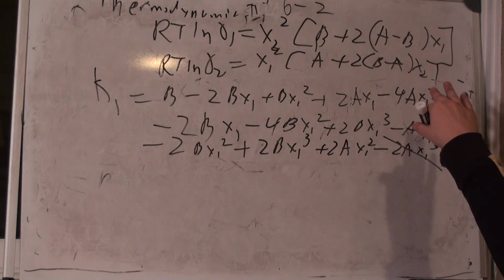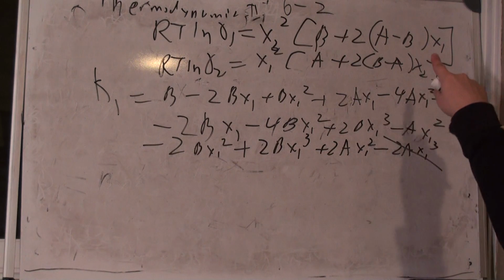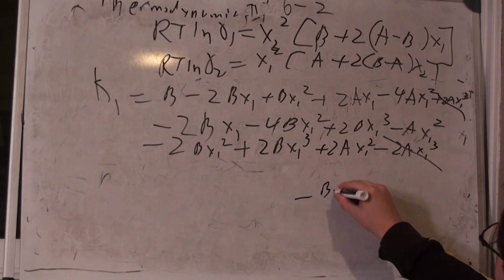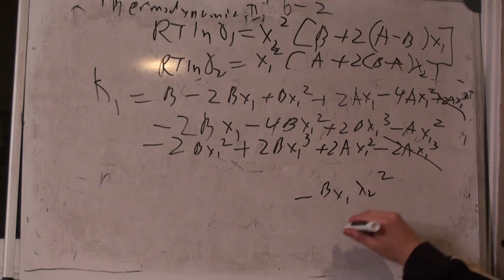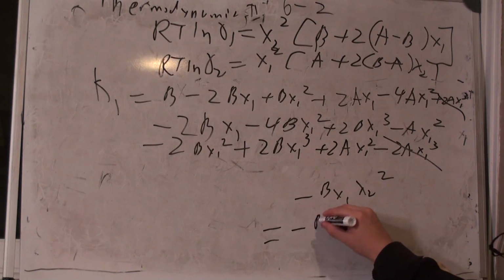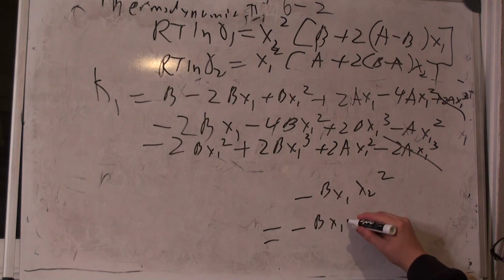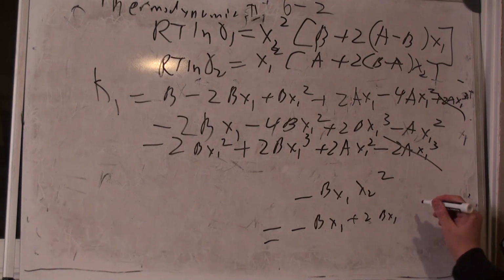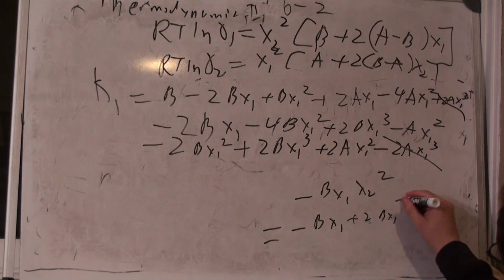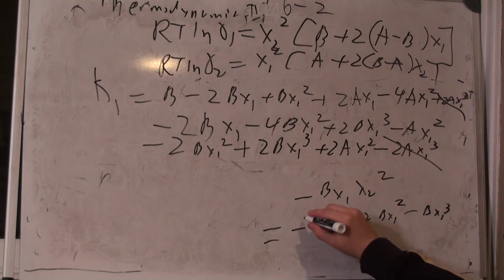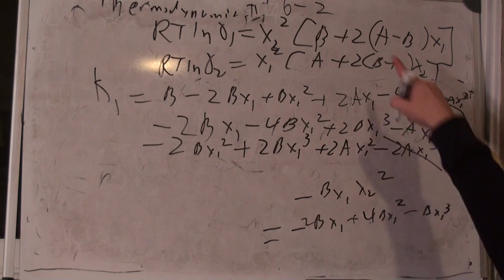So I had a minus, it came from the minus bx1 x2 squared. That would equal minus bx1 plus 2bx1 squared minus bx1 cubed. Oh, 2, because everything would be a 2 because of this 2.